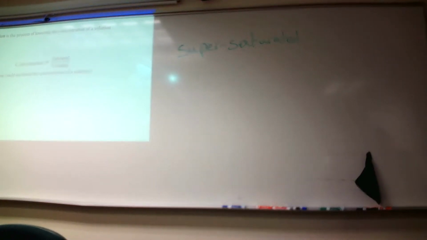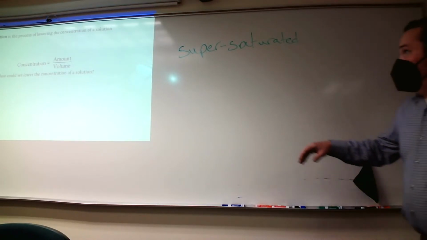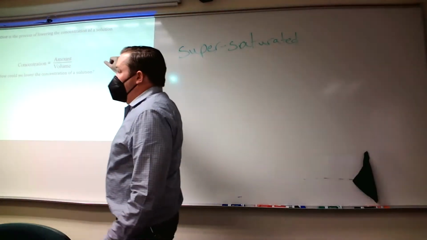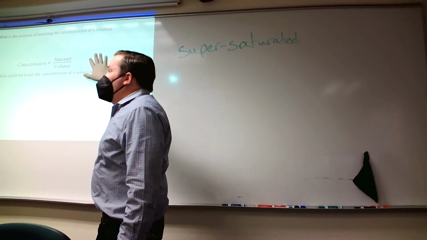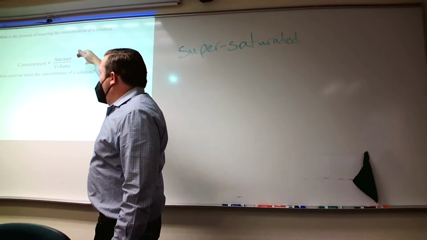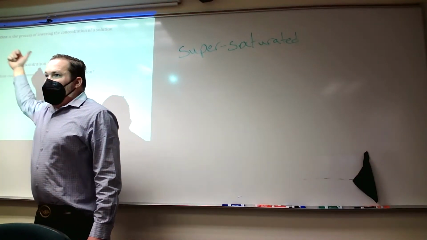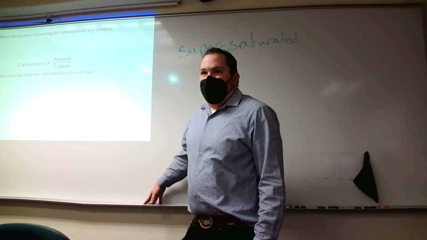All right, we're not going to practice calculating molarity right there. We're going to talk about one more concept for solutions, and this is basically just vocab, where it's barely a concept, because if we know that concentration is the amount over a volume, a dilution is just the process of lowering the concentration.